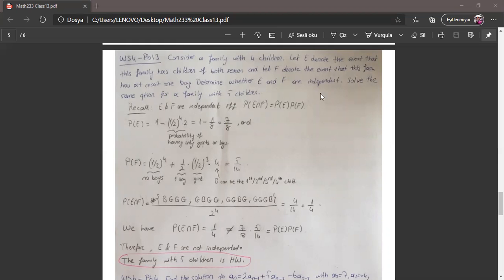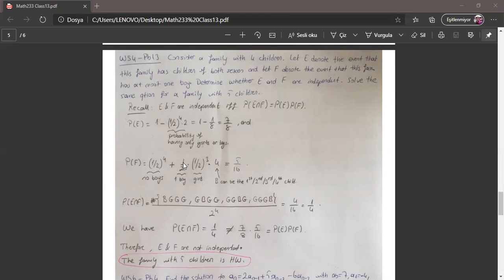And for F, the event that they have at most one boy. Either they will have no boys, or one boy. No boys means they have all girls, 4 girls, so we have this probability. That is one case, and this is another case: a boy and 3 girls.